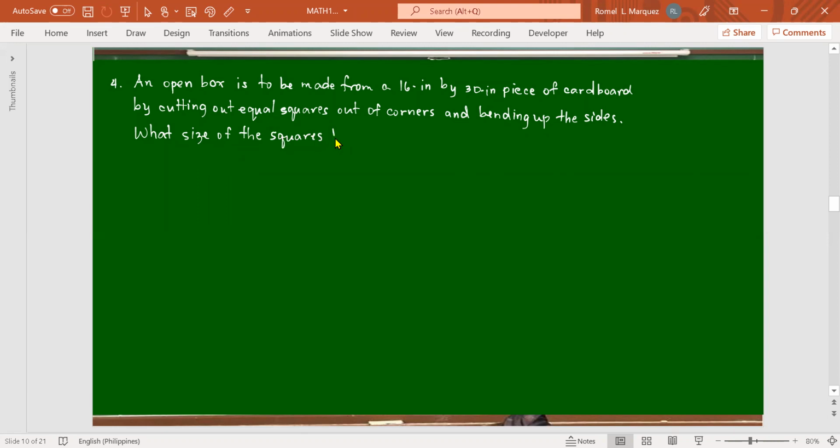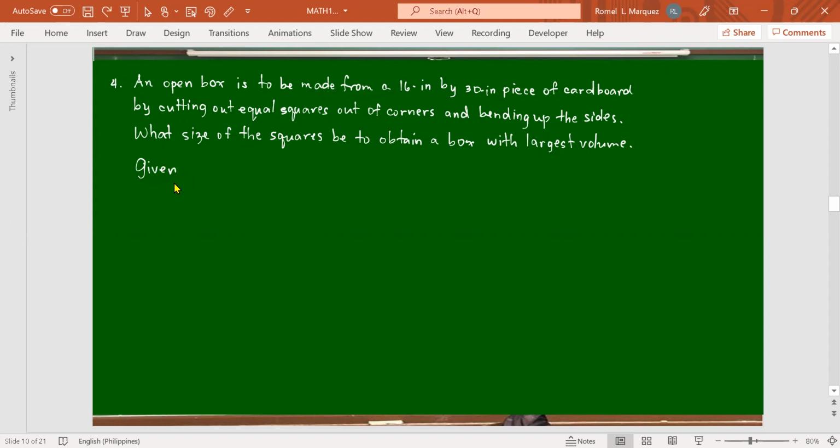To obtain a box of maximum volume, a box with the largest volume. Okay? I want to make the box with the largest volume out of these procedures.